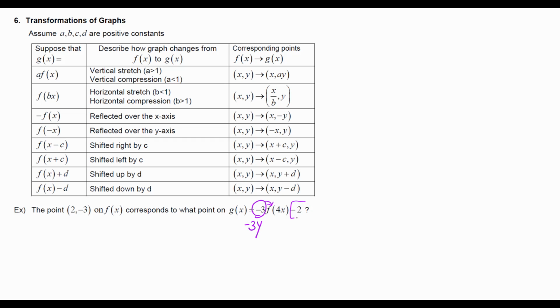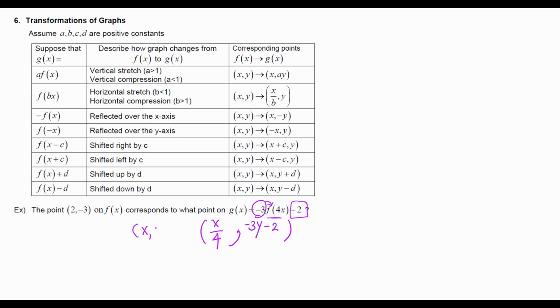And then because 2 is subtracted from the function, you're going to have to subtract 2 from that. And then because instead of x, you have f of 4x, the x coordinate will be divided by 4.